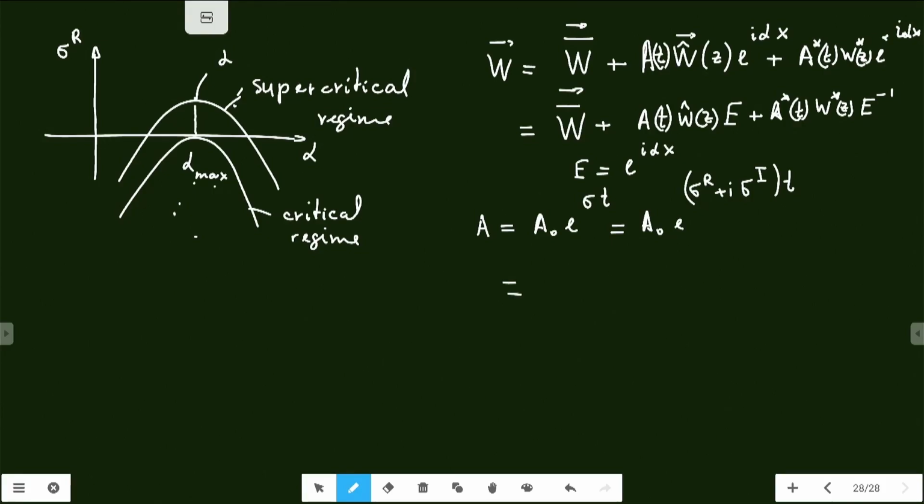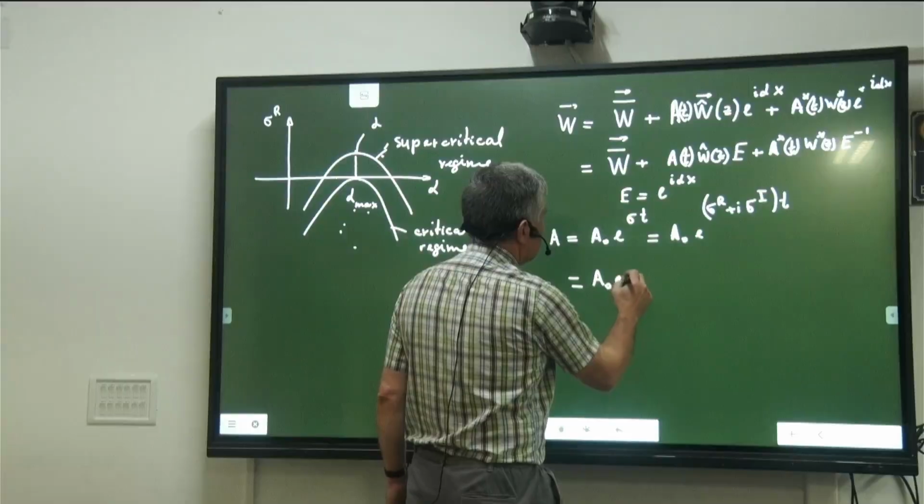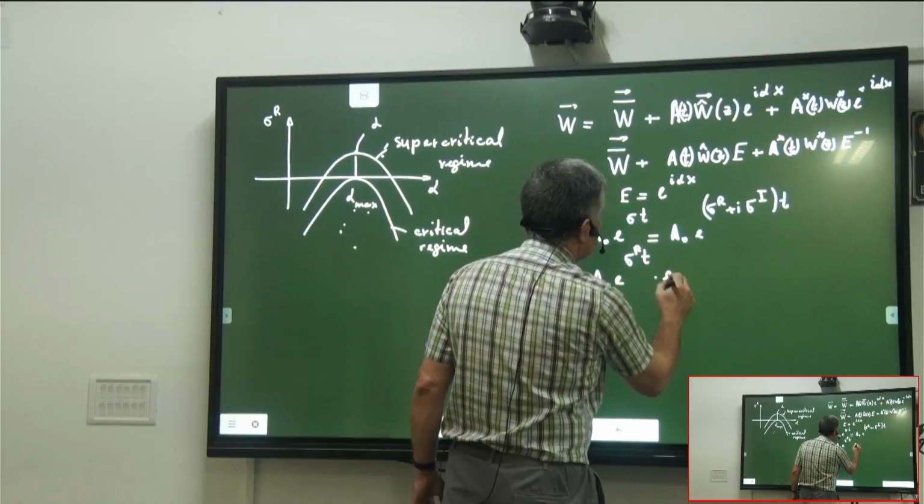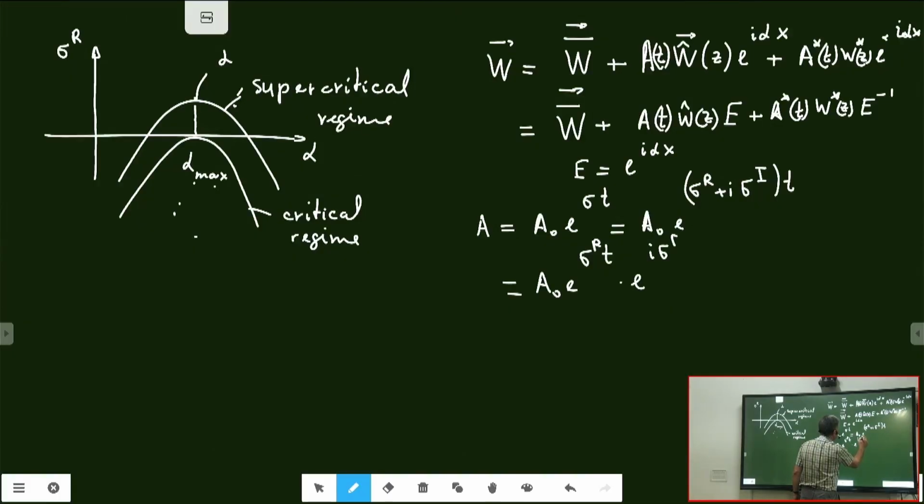Which is equal to A0 e to the power sigma r multiplied by t, multiplied by e to the power i sigma i t. Agree? Now, this is a real term, right? Because A0 is a real constant, t is real time, sigma r is the real part. So this is real. This is a purely complex exponential.